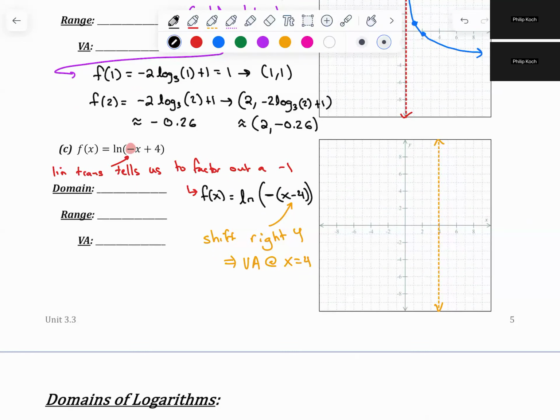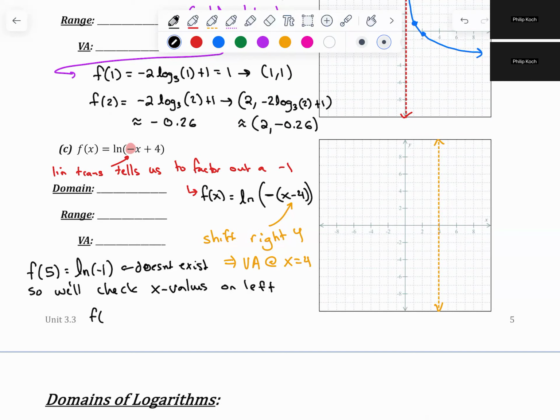So let's see, f of 5 equals natural log of -1, which doesn't exist. So we'll check x values on the left.